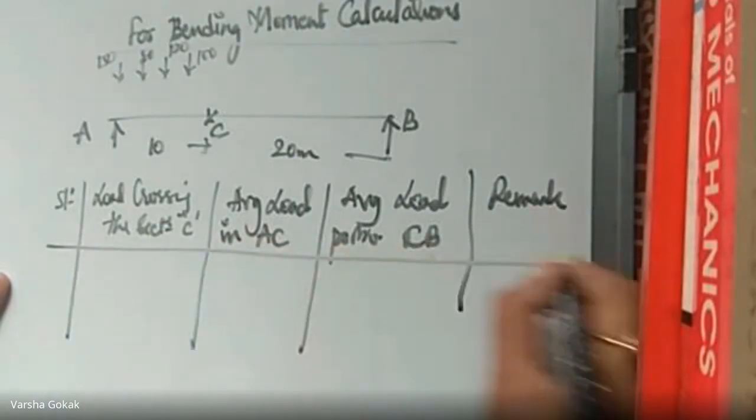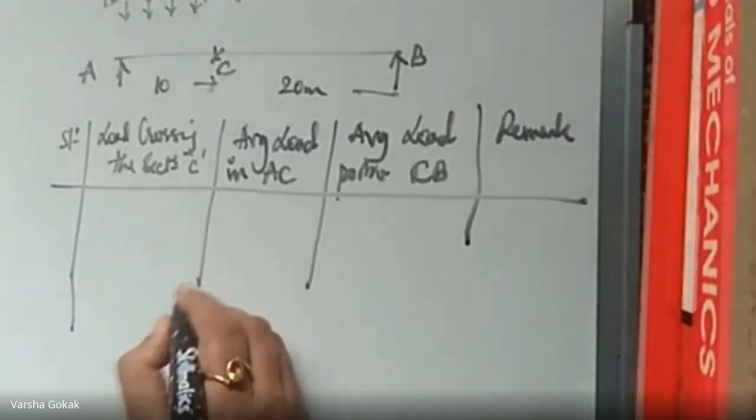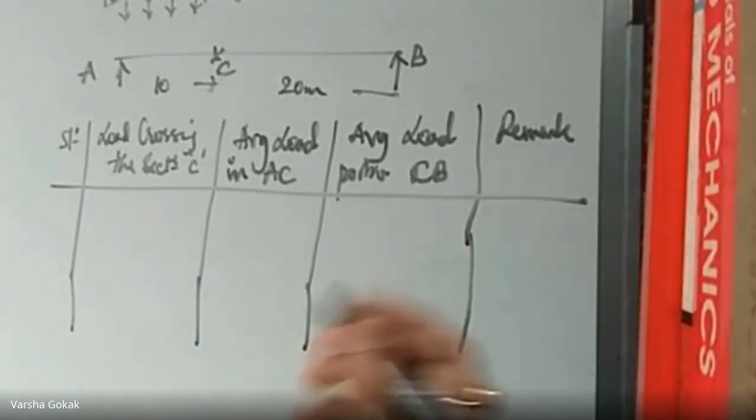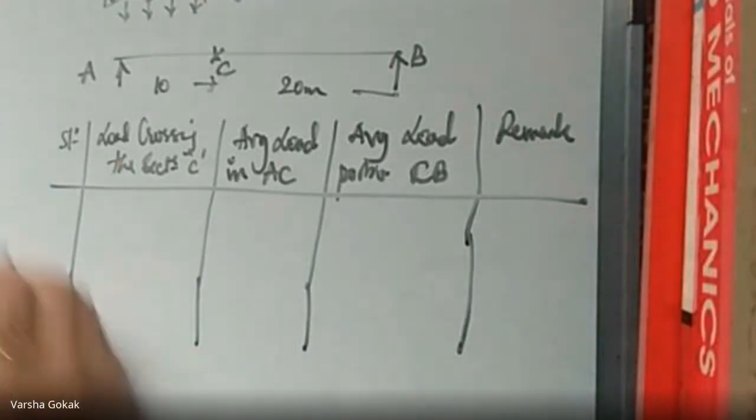So this is the table that has to be put up, and how many such combinations can I get?